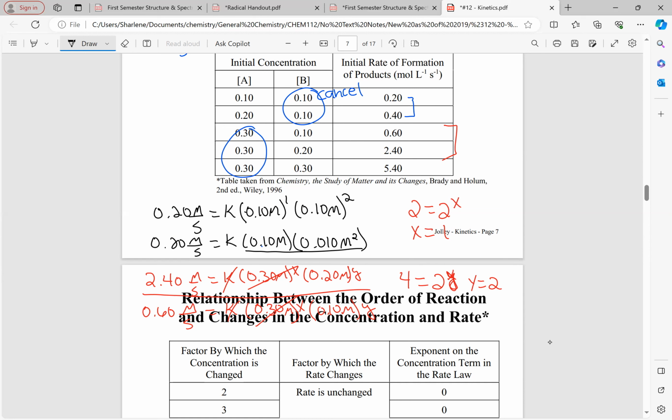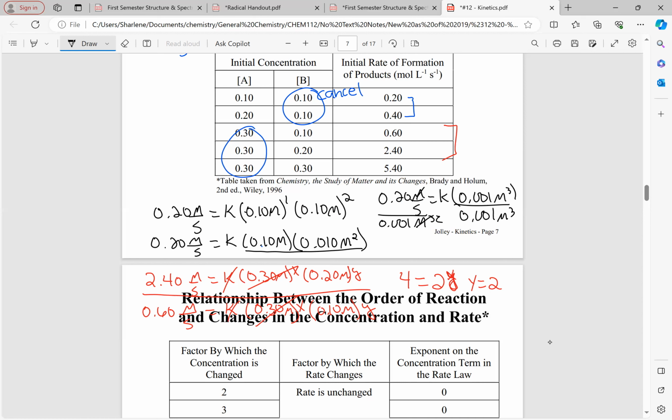I'm going to divide both sides by this value, and it's 3. I really don't have enough room, do I? All right, so 0.20 molarities per second is equal to K times 0.001 molarity cubed. Divide both sides by 0.001 molarity cubed. I am going to lose one of them and keep two of them on the bottom.